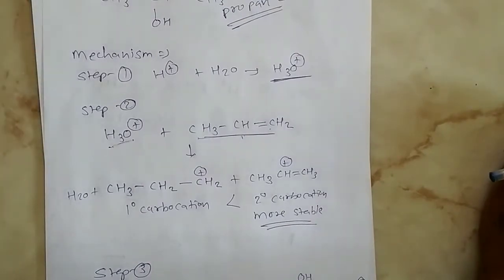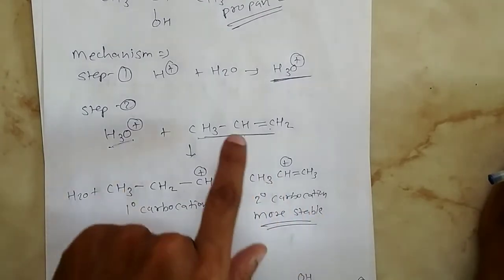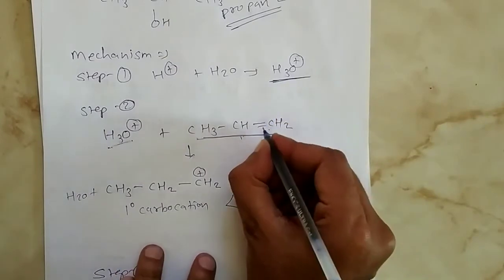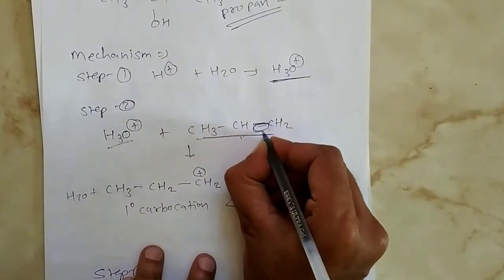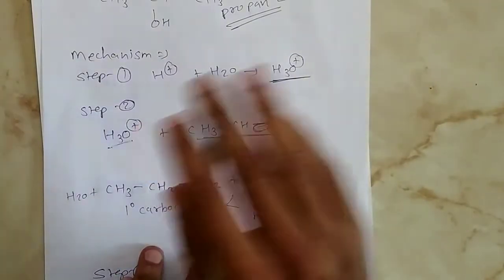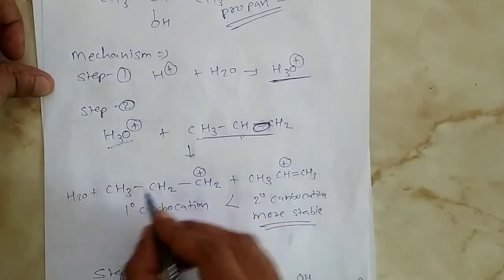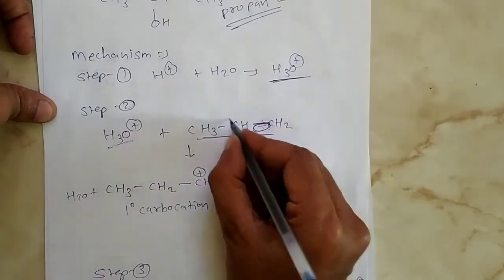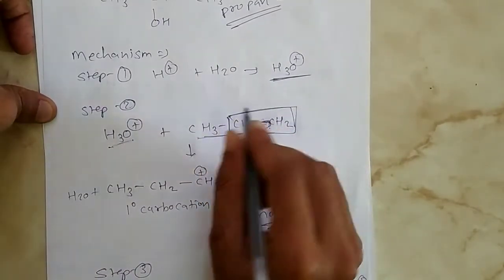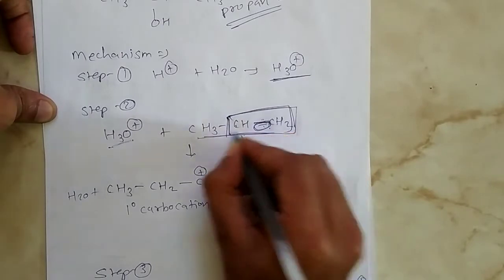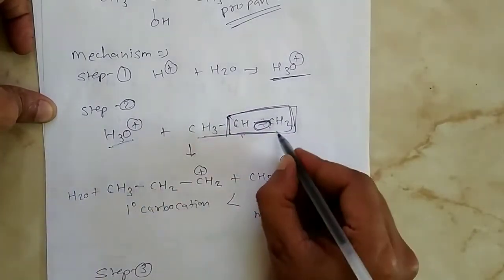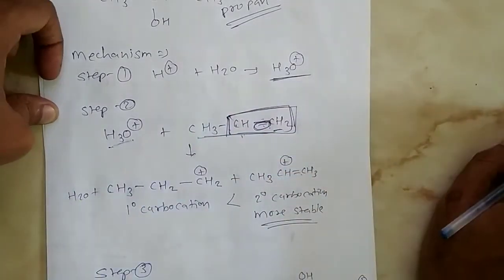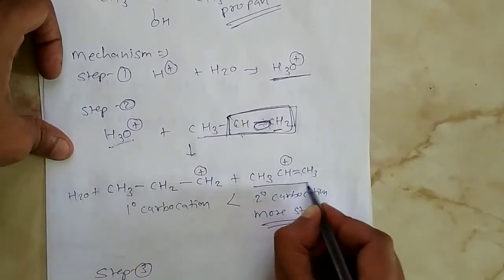H plus ion does not have any electron in it, so in order to make a bond with alkene, it will take these bond electrons. So this double bond will break here. We can add H plus ion onto these two double bonded carbons. Suppose I am adding H plus to the first number carbon, so we'll get this product.